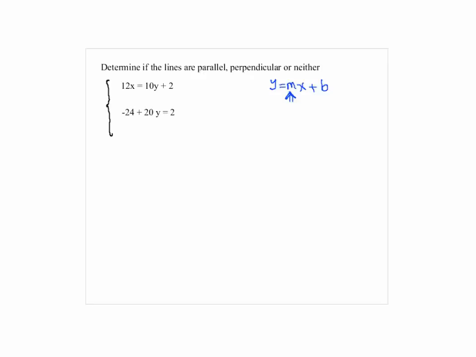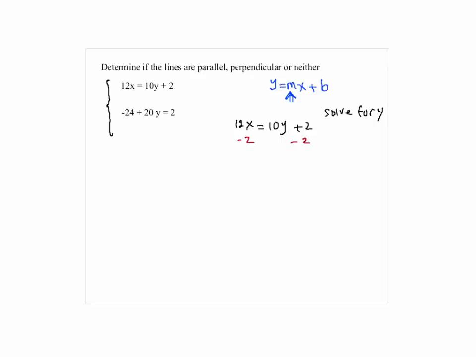So let's take a look at the first line. The first line, we have 12x is equal to 10y plus 2. If I solve for y, I can subtract 2 from both sides of the equation.